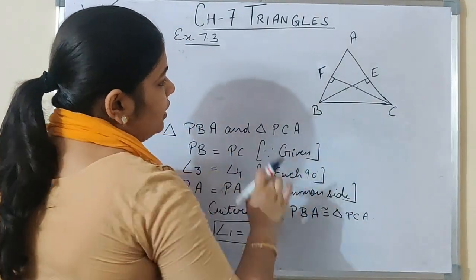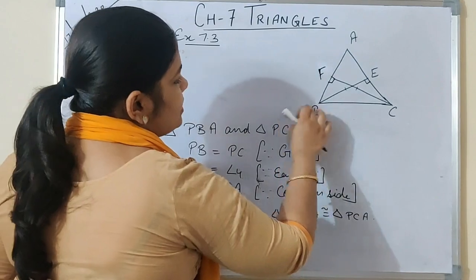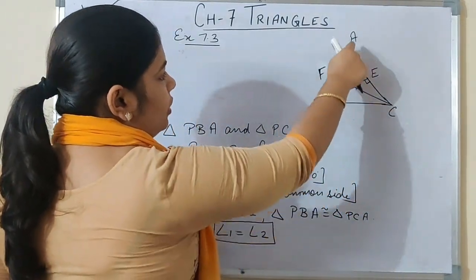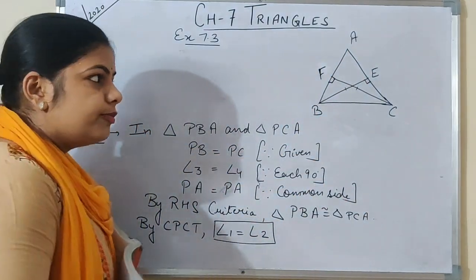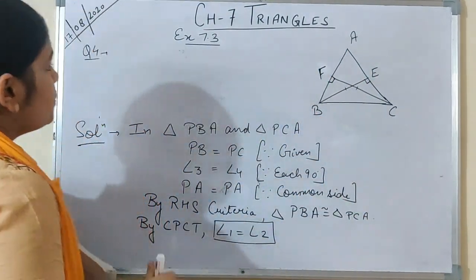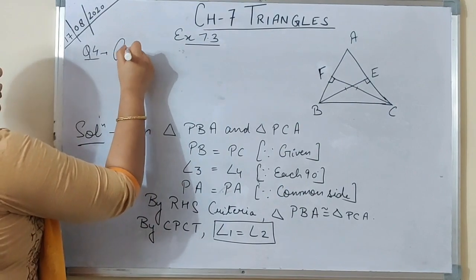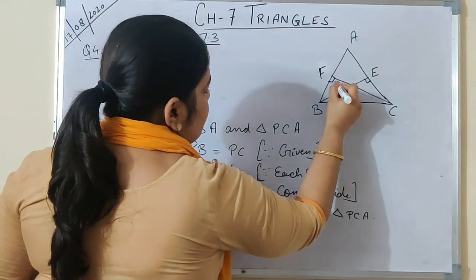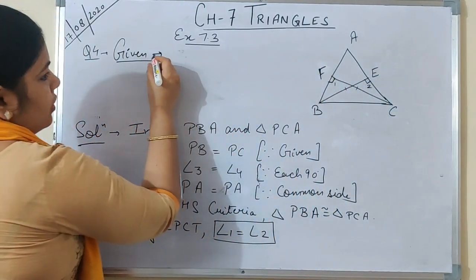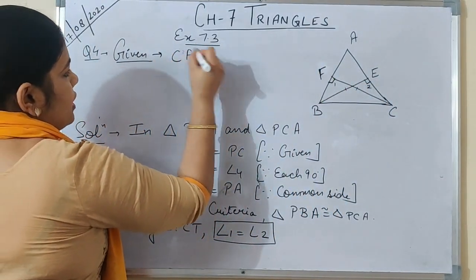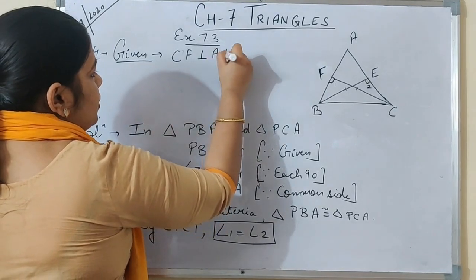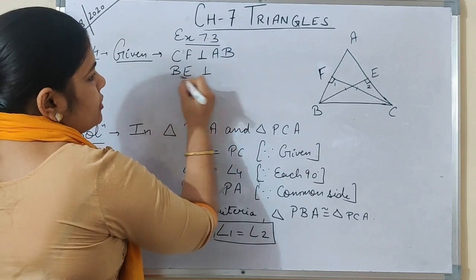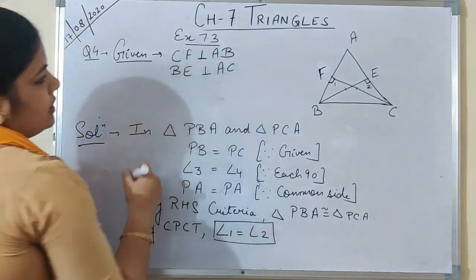Okay, as we have to prove that triangle ABC is an isosceles triangle, we have to prove that both the angles are equal, also both the sides are equal. We will prove both the things. So first I am writing what is given over here. Given is, you can see that CF is perpendicular to AB, then BE is perpendicular to AC.